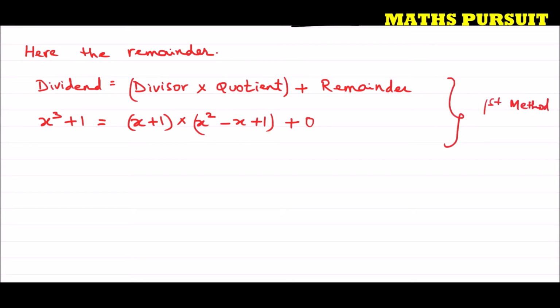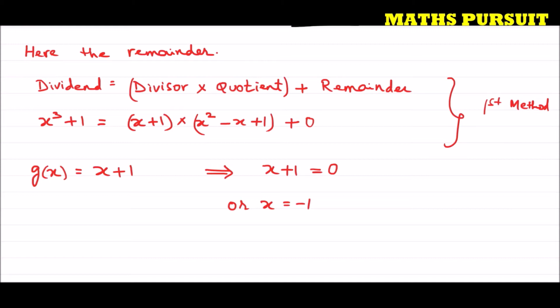The other method is, we need to find the zero of the divisor. The question has given us the divisor, we considered the divisor as g(x). g(x) is equal to x plus 1. So when this x plus 1 will be 0, we can write the zero of the divisor: x plus 1 is equal to 0, or x is equal to minus 1.